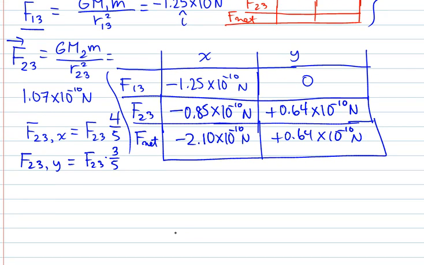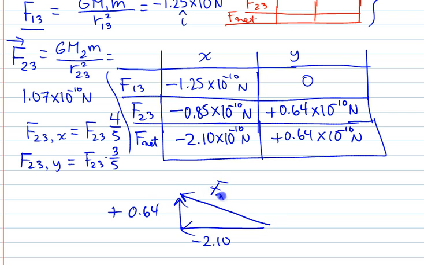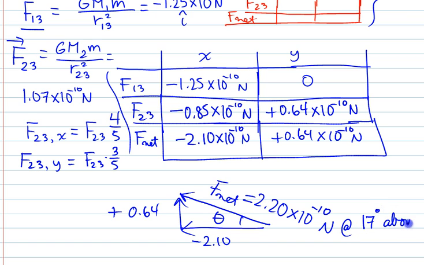What you might see is that we have basically a triangle that looks like this. And I'm dropping the times 10 to the negative 10th. Our net force is the hypotenuse here, which is about 2.20 times 10 to the negative 10th newtons, and it turns out that this angle is about 17 degrees above the negative x-axis.